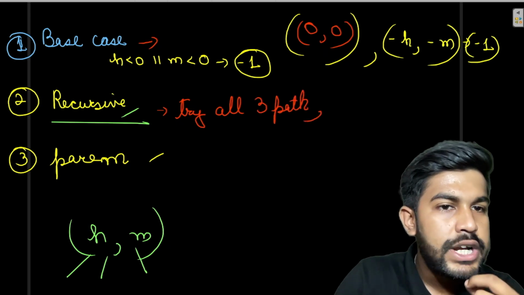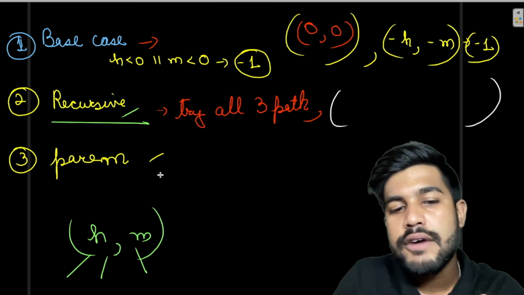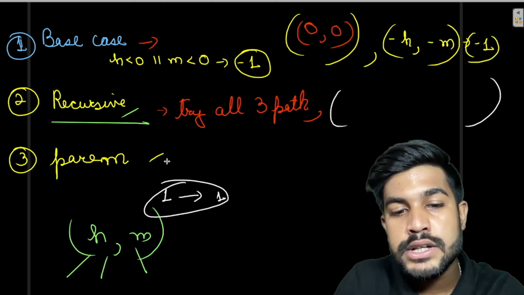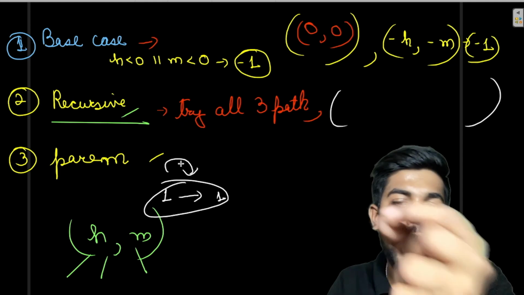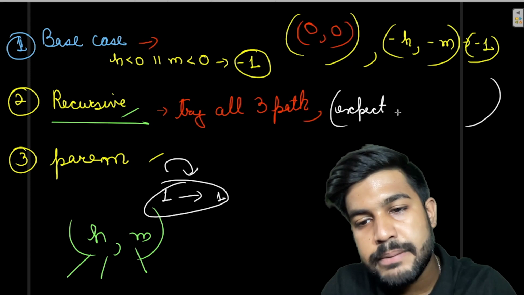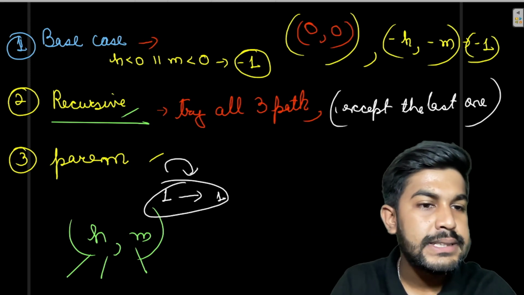But the problem would arise when you have already tried the first path and now you are again trying the first path, because after this step you are again trying all 3 paths. So what we do is we try all possible paths except the last one.